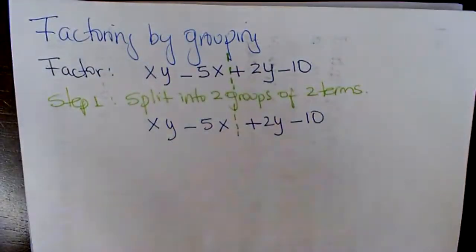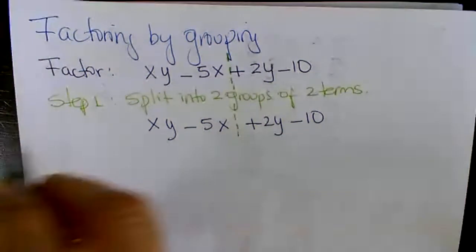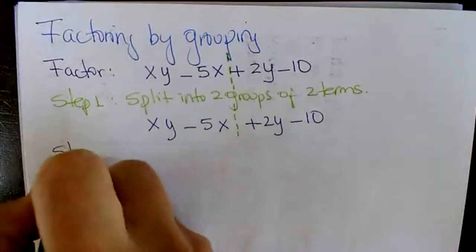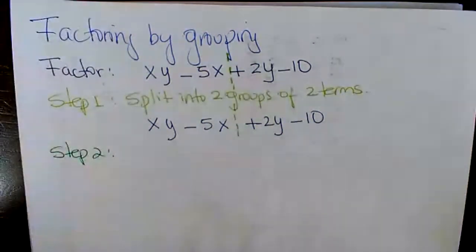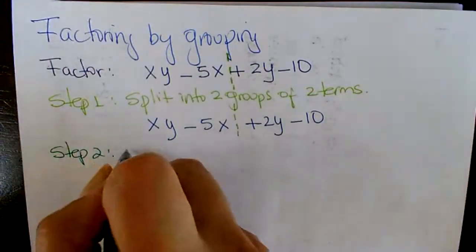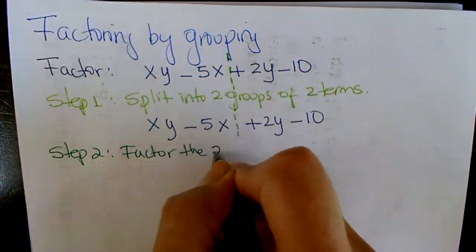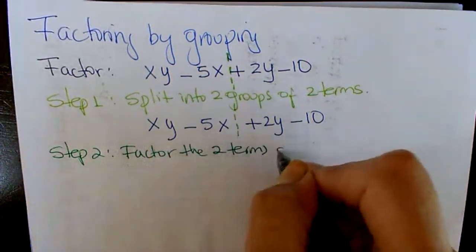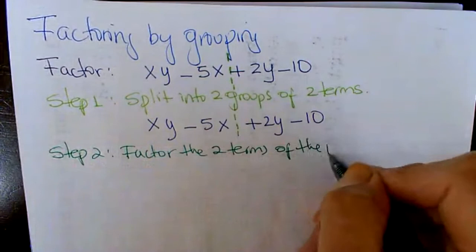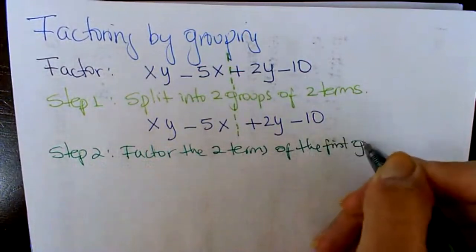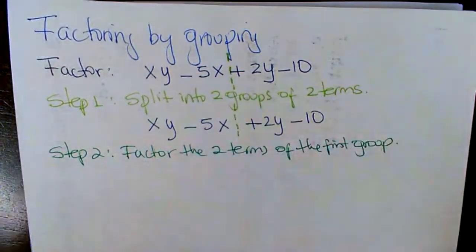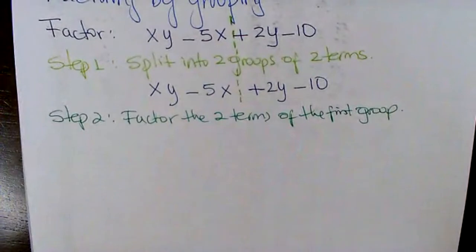Okay, now the next step, step number 2, we're gonna factor the 2 terms of the first group. How do we do that?